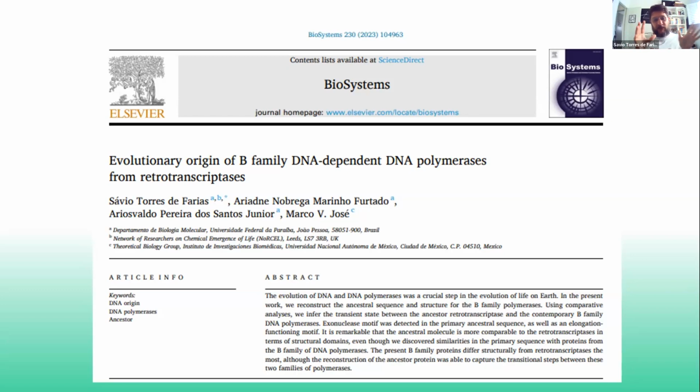The strategy that we used was to construct a database with the modern DNA polymerases, reconstruct the ancestral sequence, and consequently the ancestral structure, and compare with the other polymerases.